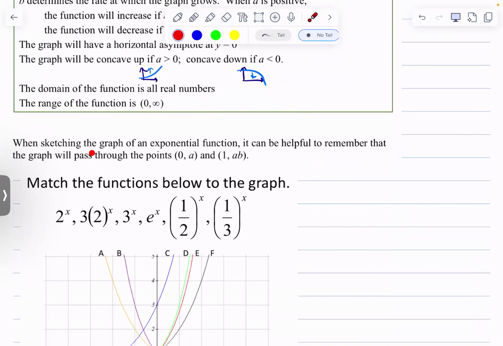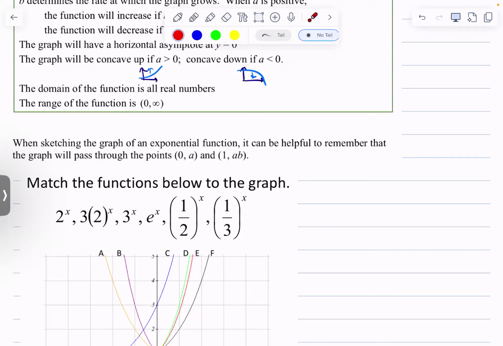When you're sketching an exponential function, which we're not going to do a lot of, but it might be helpful to try to figure out what some reasonable answers are. If you're sketching the graph of an exponential function, then the graph will always pass through the point (0, a), like we saw.